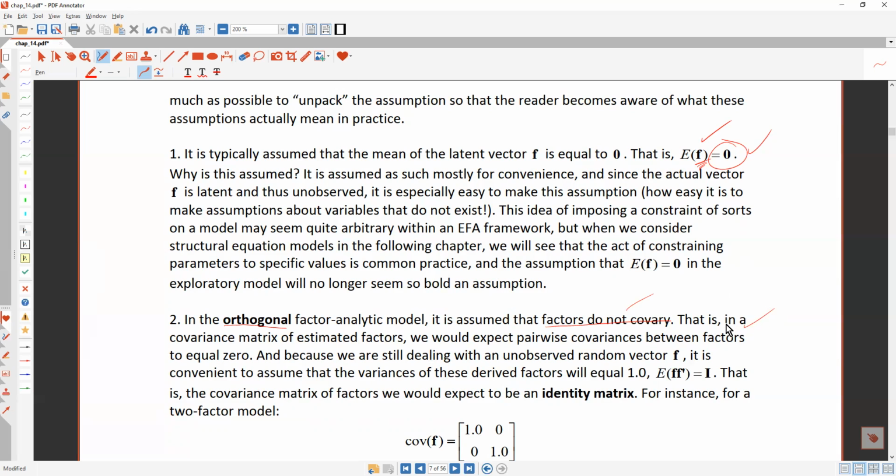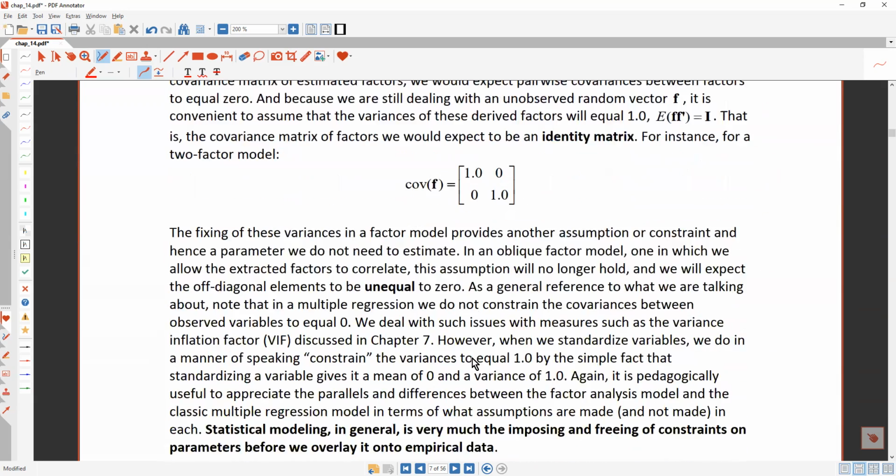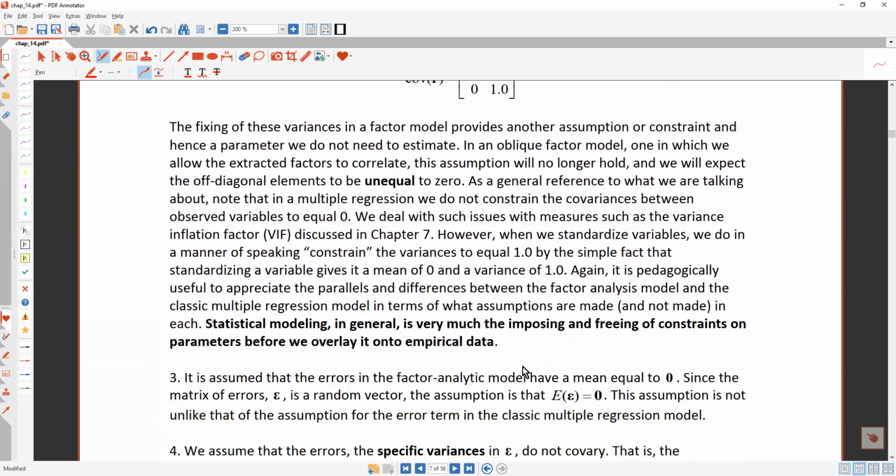When we do ordinary exploratory factor analysis, you're constraining things so that it's orthogonal. That's important because in some other models, you may wish to relax this constraint and allow the factors to covary. But in this case, it's just going to be an orthogonal model.